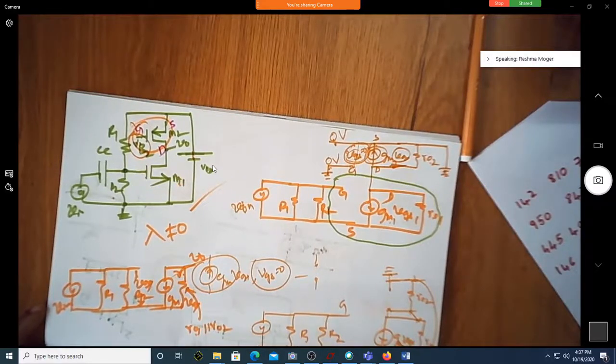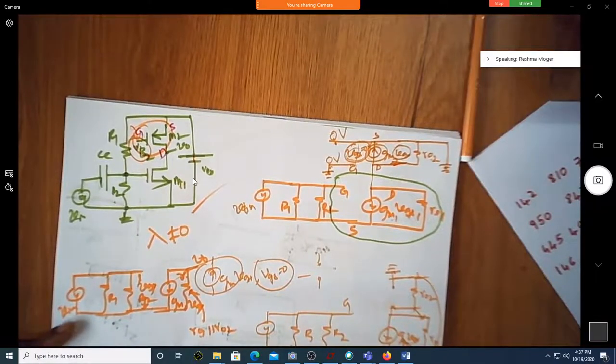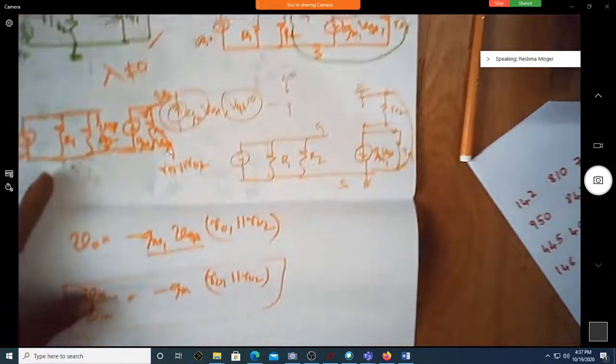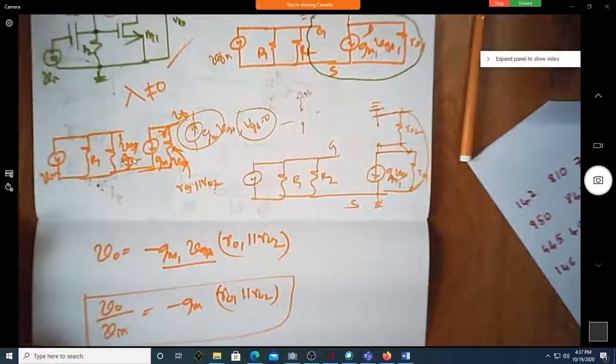Okay, fine. So you can be a bit louder. I know it's already 4:30. You're all tired. Okay, now can I write the small signal model of this particular amplifier with this as an active load? Can I write it this way over here?